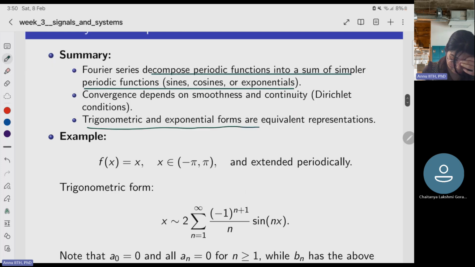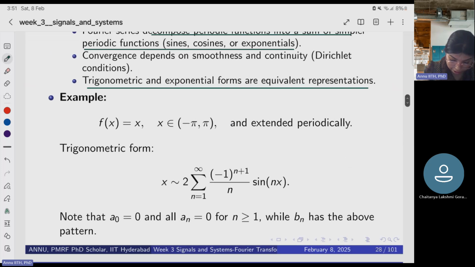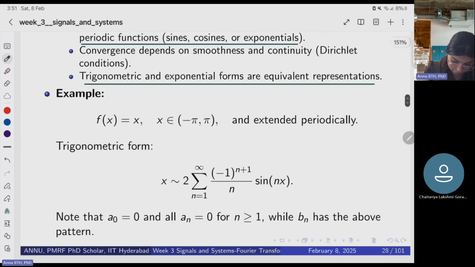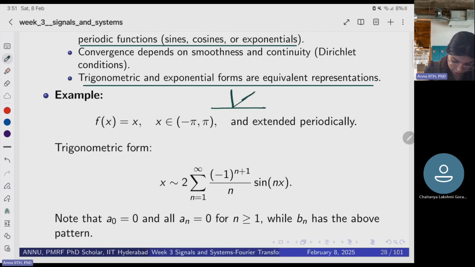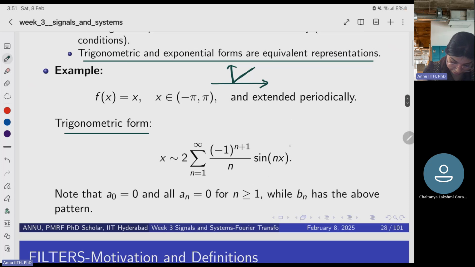Trigonometric and exponential forms are equivalent representations: An minus i Bn gives Cn, and C minus n is An plus i Bn, which you should know. For example, f(x) equals x, extended periodically. You can write the trigonometric form like this.